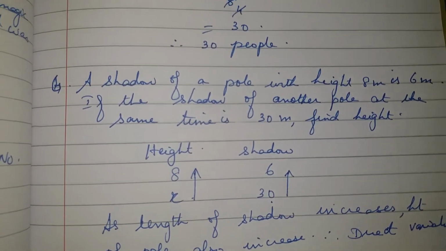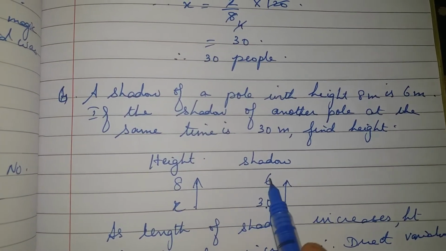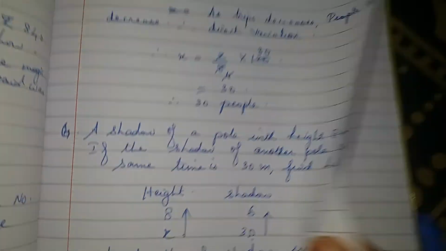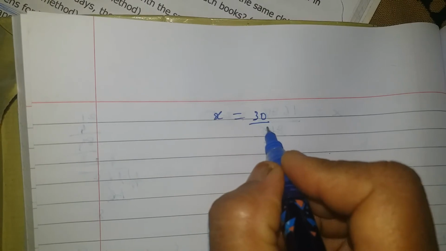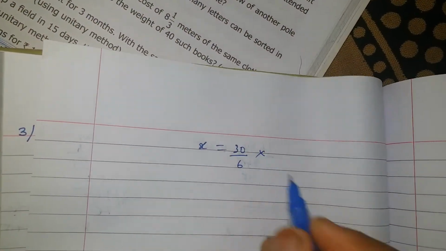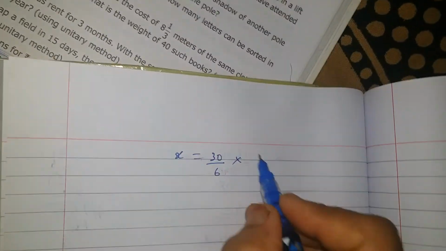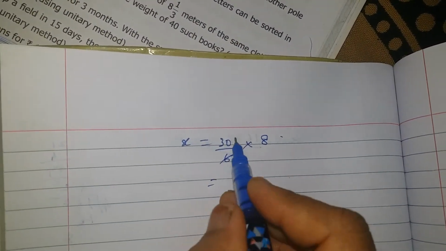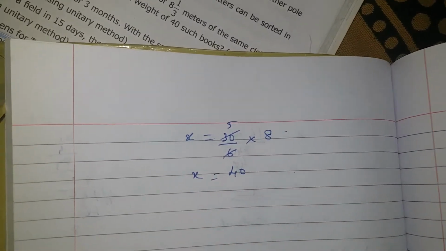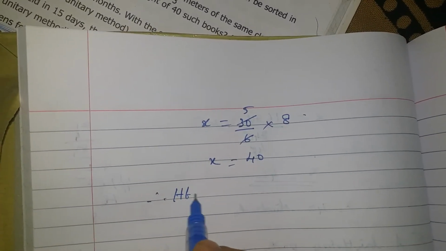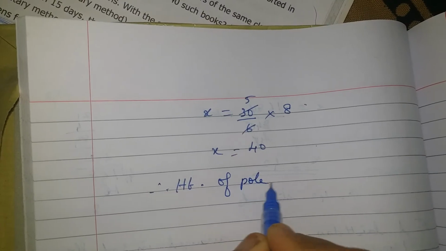So how will you write? X is equal to 30 divided by 6 into 8. So you write x is equal to 30 divided by 6 into 8. So you cancel means 5 times, 5 8s are 40. So x is equal to 40. Therefore height of the pole is 40.